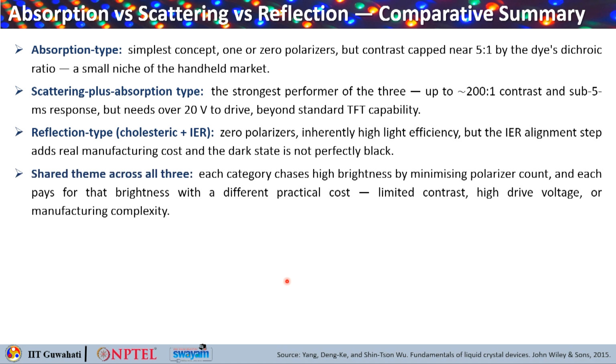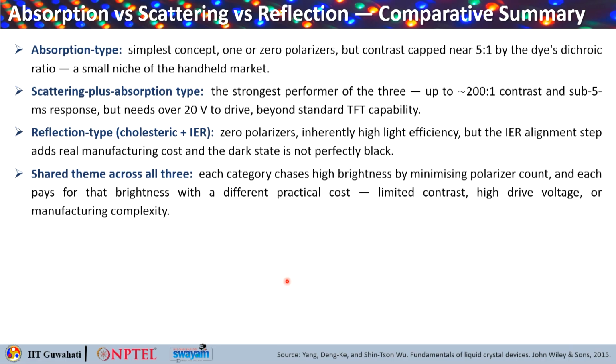What is common across all these schemes is that each category chases high brightness by minimizing the polarizer count. The polarizer is not going to help you. You get rid of the polarizer, you can get better brightness, and each pays for this brightness with a different practical cost.